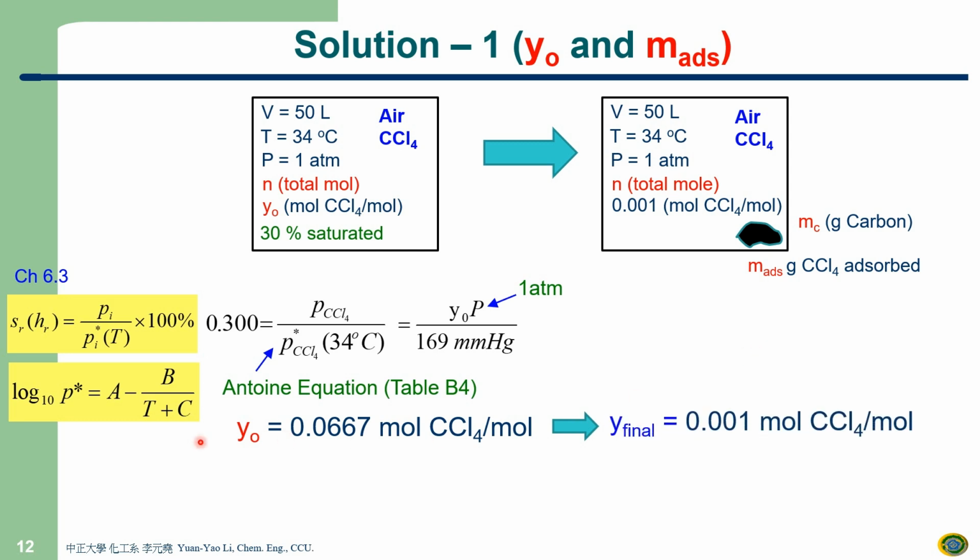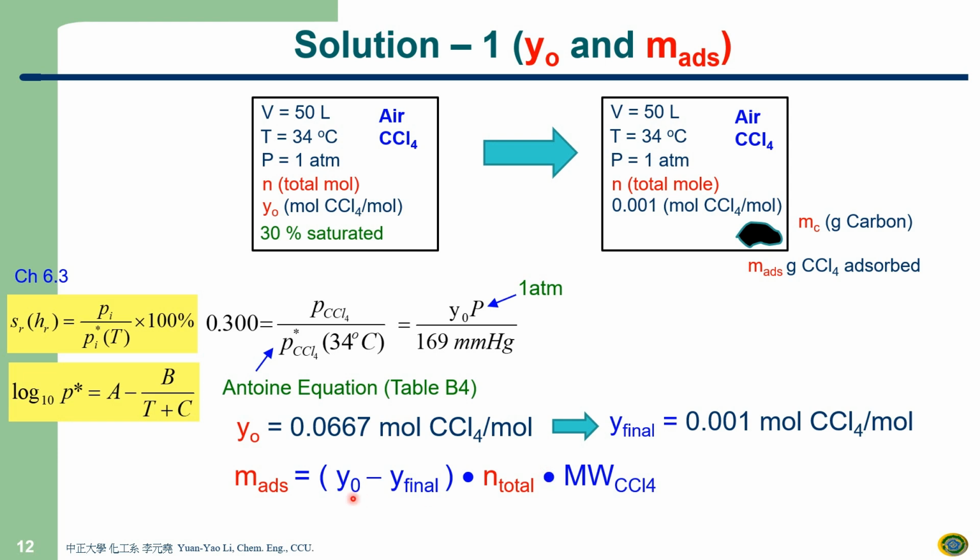Okay, so initial state, final state. So for the mass of adsorption, it will be Y0 minus Y final, right? And this is equal to the total moles times that. So this is the moles of the carbon tetrachloride adsorbed, right?